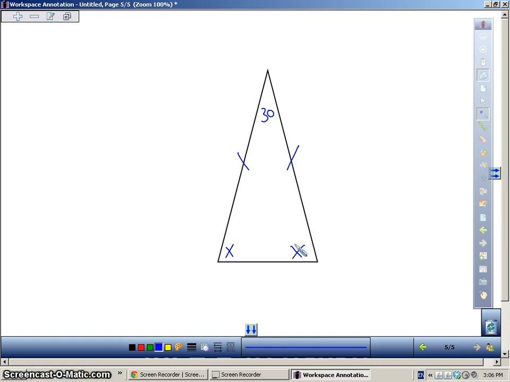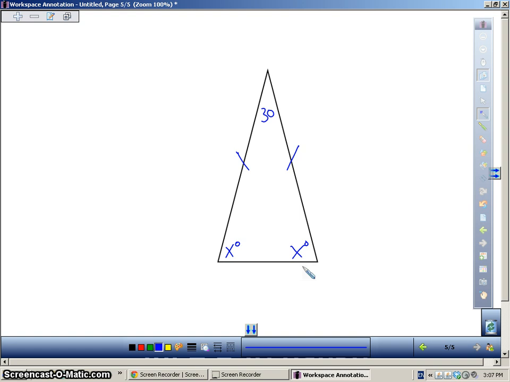We have a couple of different kinds of triangles. We've got equilateral, we've got isosceles, and we've got scalene. And what we know about isosceles triangles is that these two sides are the same and these two angles are the same. So this is, just by the way it's drawn, an isosceles triangle.